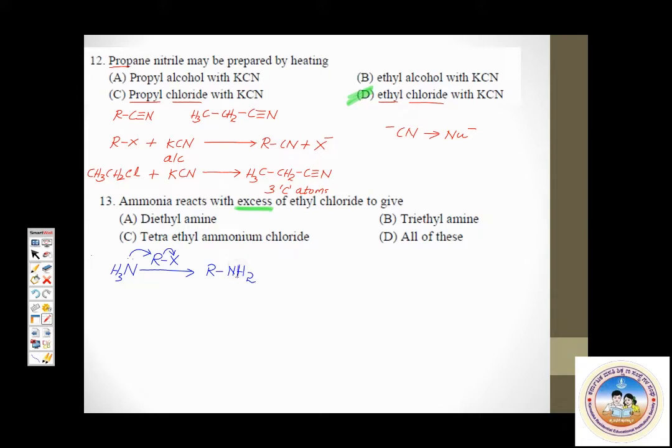This is what you call a primary amine. You have also studied this under your amines chapter, correct? So this is a primary amine: nitrogen attached to one alkyl group or 2 hydrogen atoms.